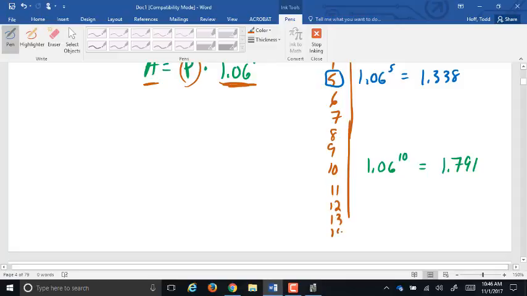So let's jump up to 15. What do we get? 2.397. So that's too far. So we know it's somewhere between 10 and 15 years. Let's try 13 and see what we come up with.